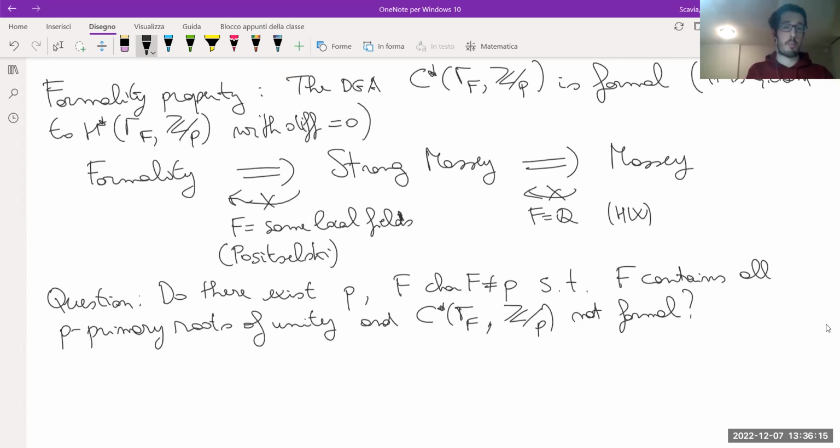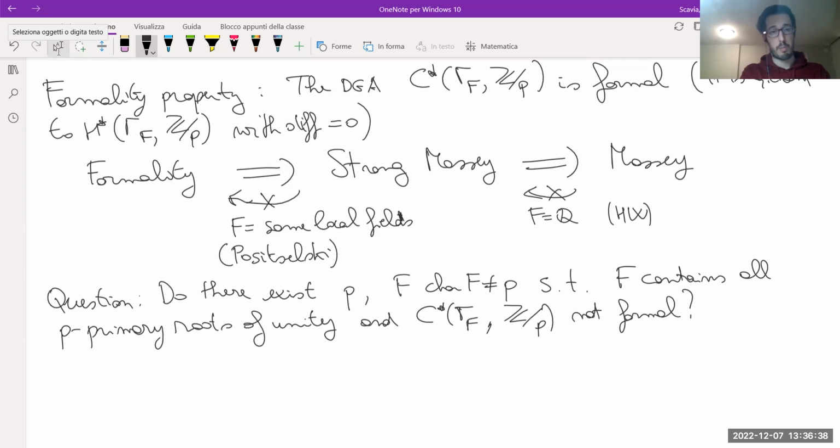This is because his argument used crucially that not all roots of unity are in a local field. That was an important part of his argument. He suggested that the answer should be yes, but he didn't have any examples.